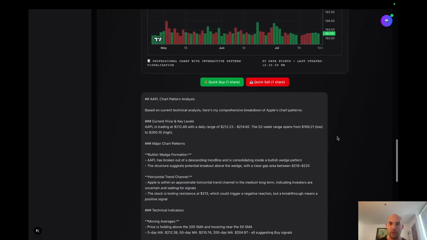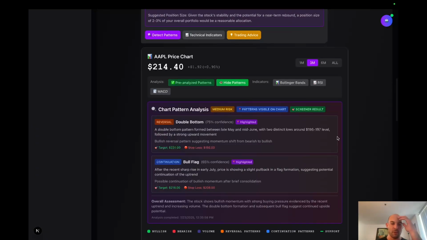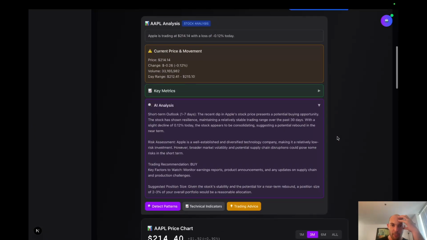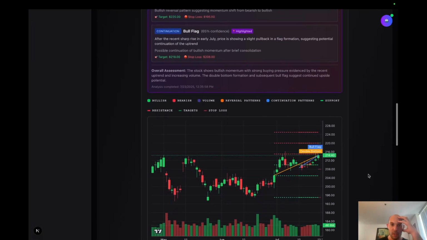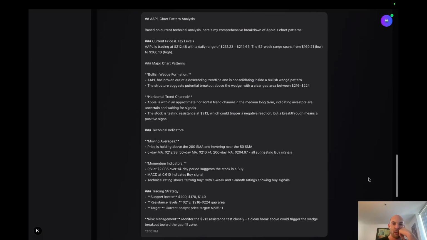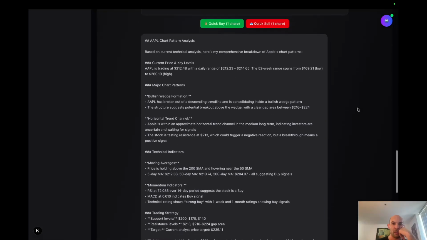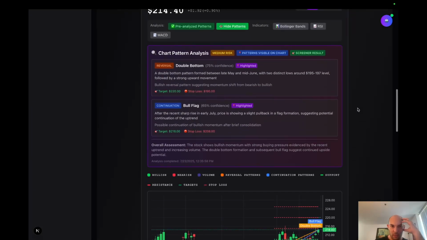This should probably also be up here though. Wait, so it's a duplication. We don't need that either. So you have the Apple analysis, and then you have the chart pattern analysis that can be applied above the chart. And then it's doing this weird analysis there too. I think it's redundant.